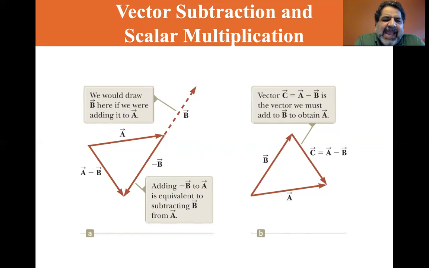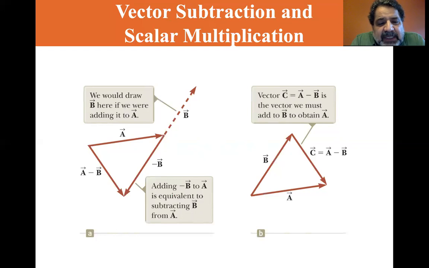So if you have vector A, and if you have B shown in the dashed line, if you add, using the head to tail method, the negative of B, that is the subtraction. So we would draw B here if we were adding it to A.